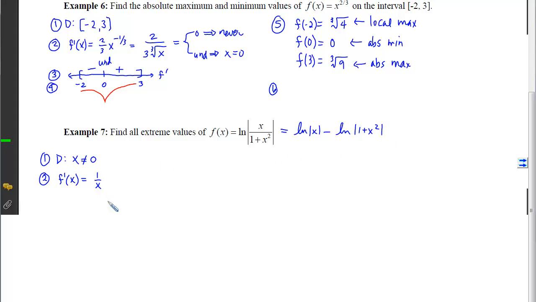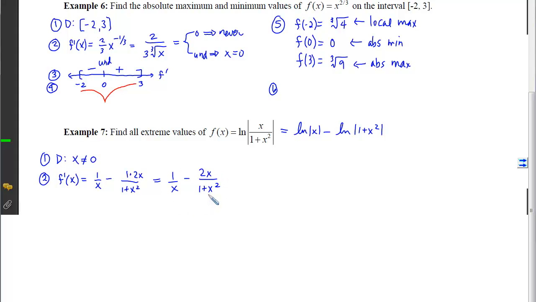Remember that the absolute value disappears if we create the piecewise functions, minus a 1 over the inside times the derivative of the inside. If I finish this, I have a 1 over x minus a 2x over 1 plus x squared. Now our goal is to figure out when this is 0 and when this is undefined.